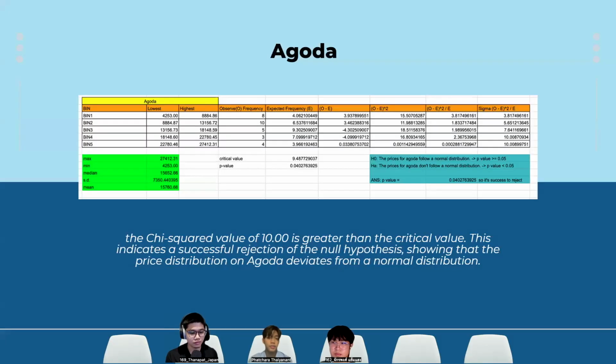First, we will see the table for Agoda. The chi-square value of 10 is greater than the critical value. This indicates a successful rejection of the null hypothesis, showing that the price distribution on Agoda deviates from a normal distribution.